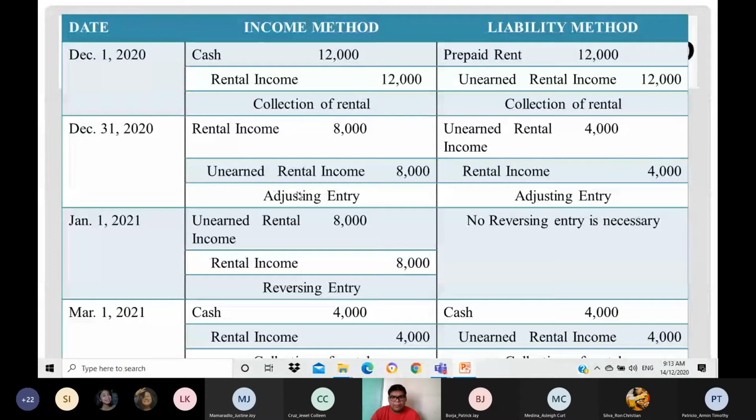Now, when January 1, the new year, comes, you do the reversing entry of the December 31 entry. Debits and credits flip: unearned rental income becomes a debit, and rental income, debited on December 31, becomes a credit. So this means that for January 1, you have 8,000 that you haven't really earned yet, since it's for January and February.